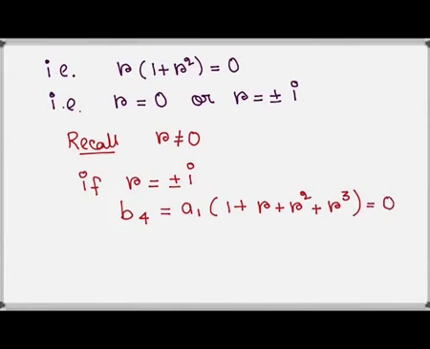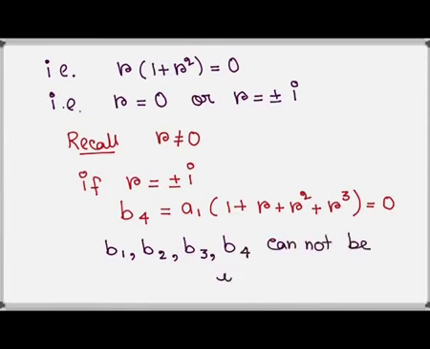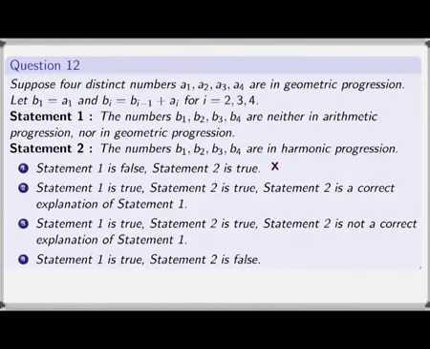Therefore, B1, B2, B3 and B4 cannot be in harmonic progression. So we see that statement 2 is false, and already we have seen that statement 1 is true. So option 4 is the only correct answer. This solves our question number 12.